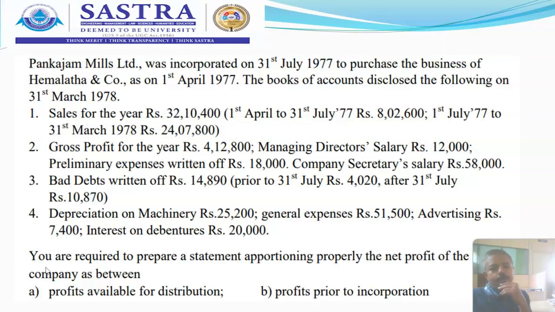Now the books of accounts disclose the following, which means the accounting year closes on 31st March. So the accounting year starts on 1st April and ends by 31st March.